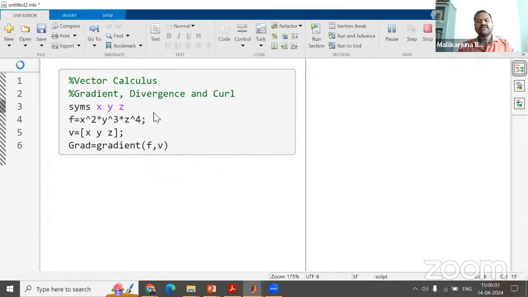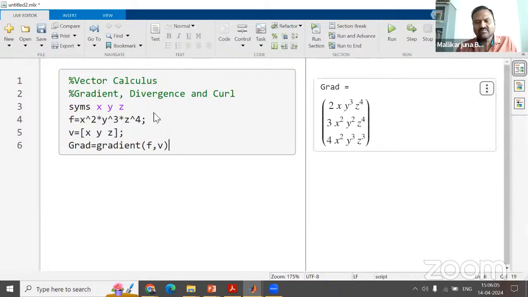You can see what we'll get. So the first one is i component, second one is j component, and third one is k component. So this is how you find gradient of f comma v, gradient of any scalar point function with respect to x, y, z.